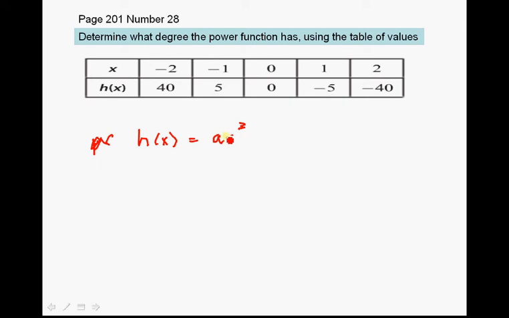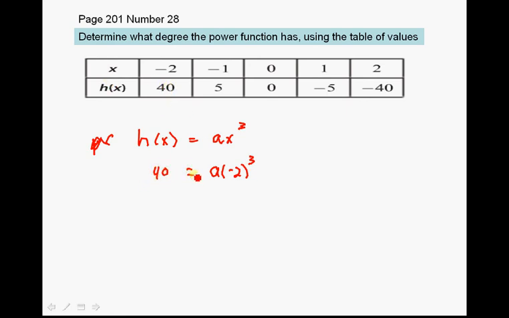It's going to be some coefficient times that. But what we do know, look at this. We know that when x is negative 2, h of x is equal to 40, right? So we can go back into this general form and say, well, what happens when x is negative 2? We say a times negative 2 cubed, and what's h of x? H of x is just 40.